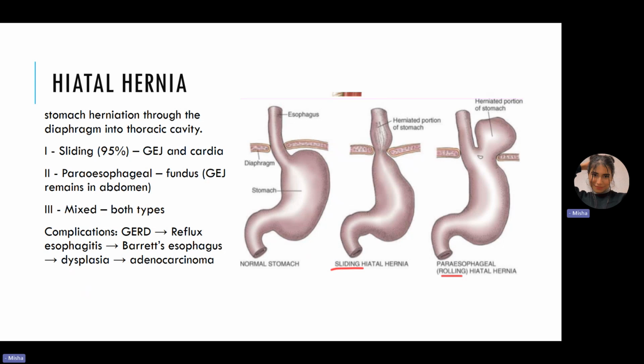Now, the symptoms, as I said, are GERD, abdominal pain can be present, and the diagnosis is normally again through the barium swallow or endoscopy. And it is treated with surgery, or we can have lifestyle modifications like giving birth, losing weight. Complication is that we will be talking about GERD later, but GERD can actually lead to reflux esophagitis, which can lead to a Barrett's esophagus, and this can lead to dysplasias and can lead to an adenocarcinoma.